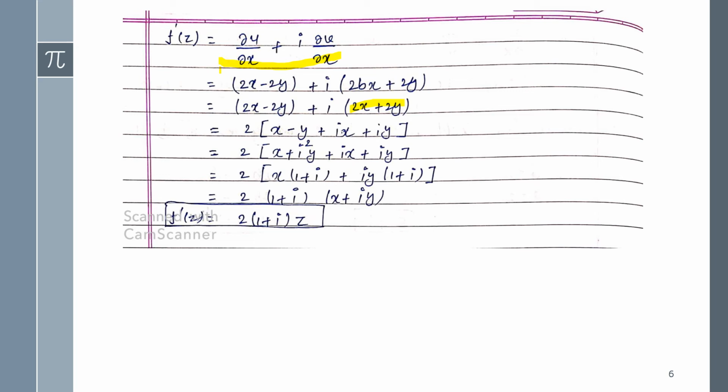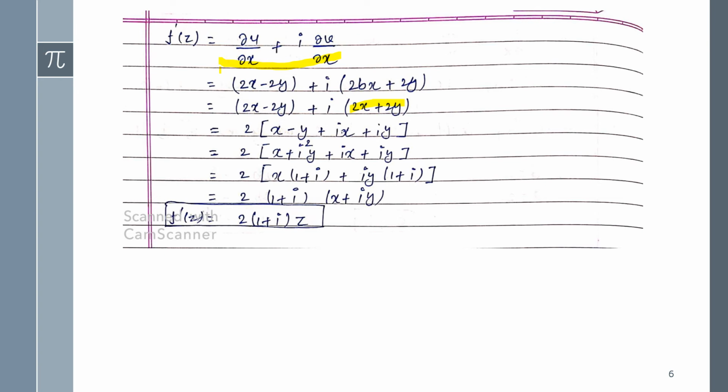Now you can see that 2 is common for all, so taking out the common 2, the remaining terms I'm writing here: x minus y plus i multiplying into the bracket, so it will be ix plus iy. Okay, now this one component I am converting into the positive form. As we have used before, in place of the minus sign I am writing i square.